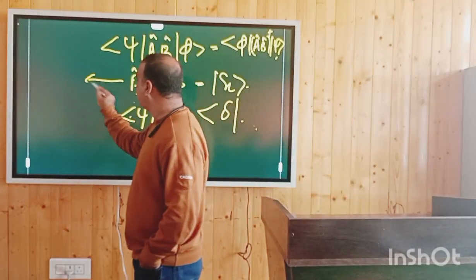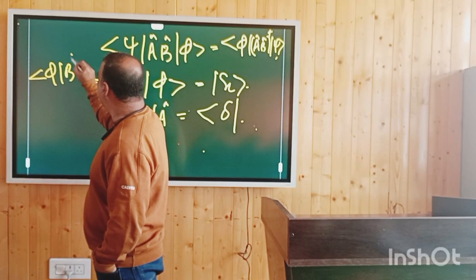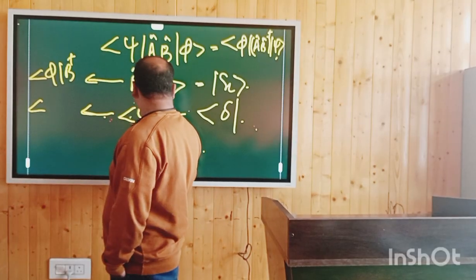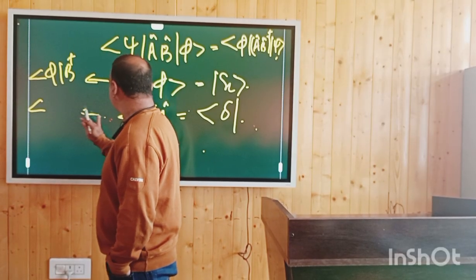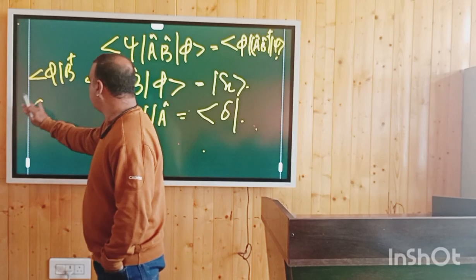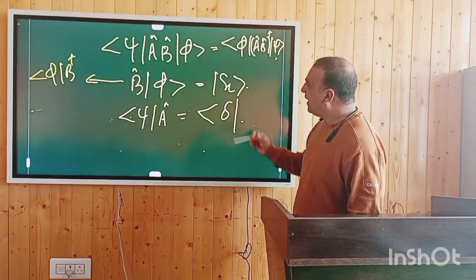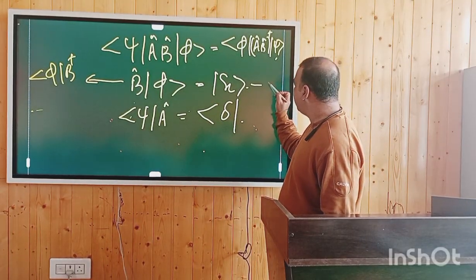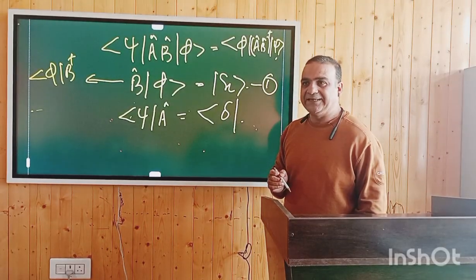Its bra will be bra phi B dagger. And the other is already a bra. Is this clear to you? So what I have done is I have defined the two parts, one as the ket of zeta and another as the bra of delta.